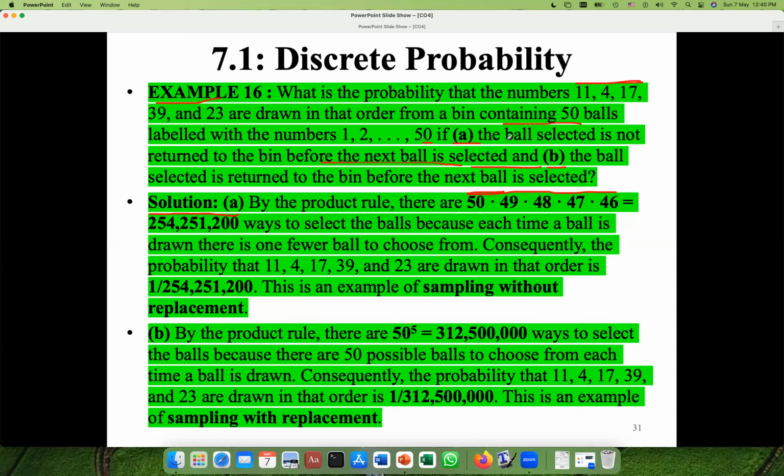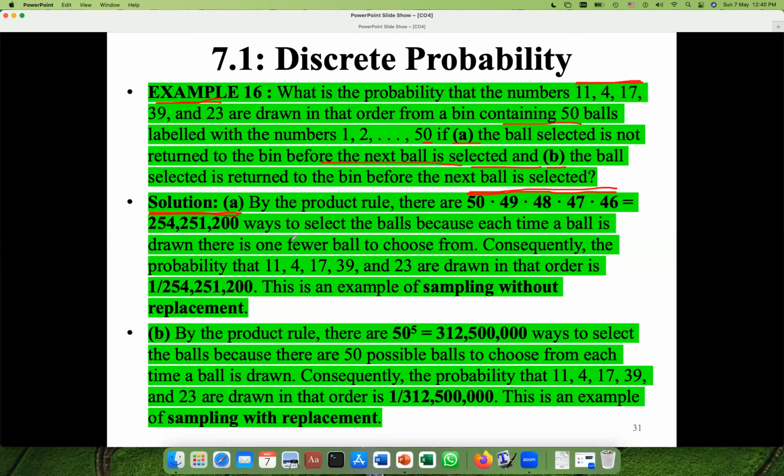For the first case, when you don't have to put it back into the bin, you have to apply the product rule because we have to take care of the order. Due to this order, we multiply and see the total number of combinations possible. This is a large number.